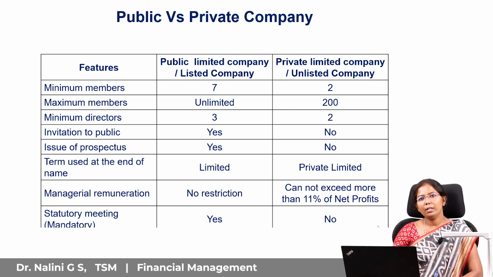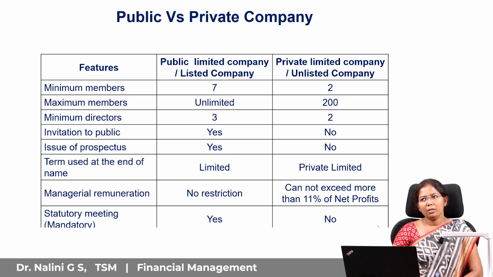For instance, SR Limited can be a public company. SR Private Limited is a private company. And remuneration, there is no restriction in case of public company, and in private it cannot exceed 11% of net profit. Statutory meeting is compulsory in public company. So public company means all listed companies. The companies which are listed on BSE or NSE are called public companies, and all unlisted companies are called private companies.